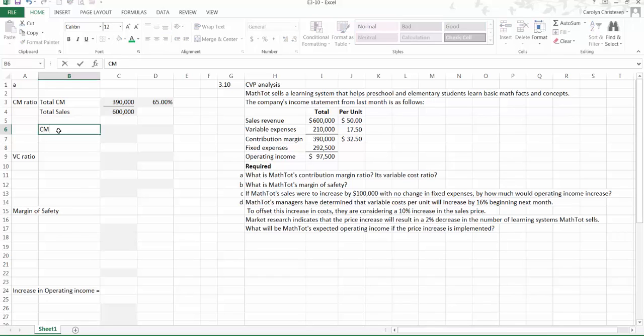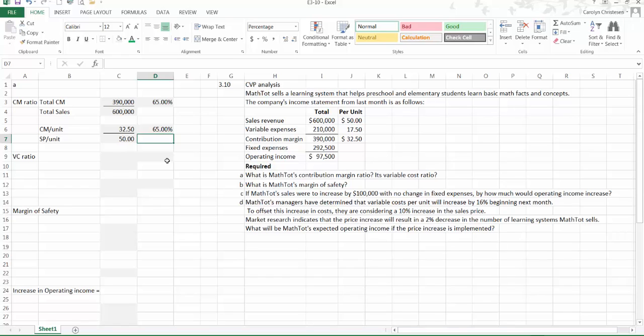So we can take our contribution margin per unit and divide it by our selling price per unit. We should get the same number. So our contribution margin per unit is given to us. It's $32.50. Selling price per unit is $50. And again, we're going to divide and get 65%.